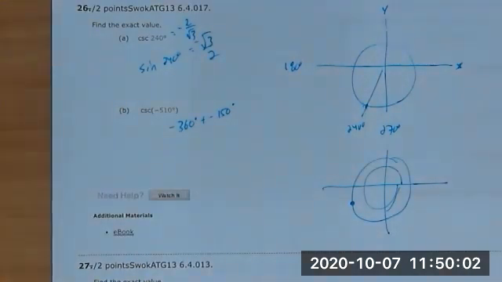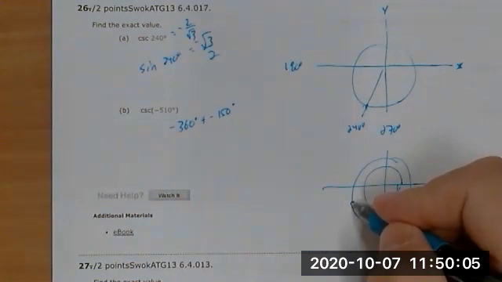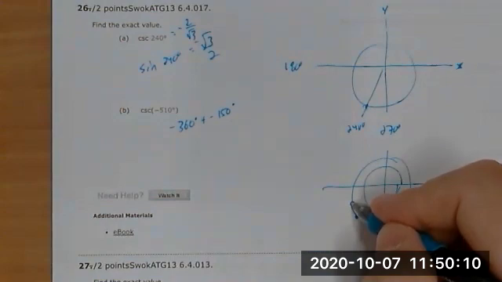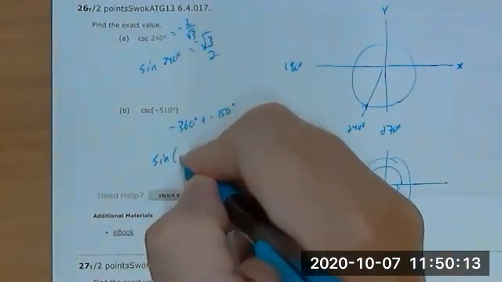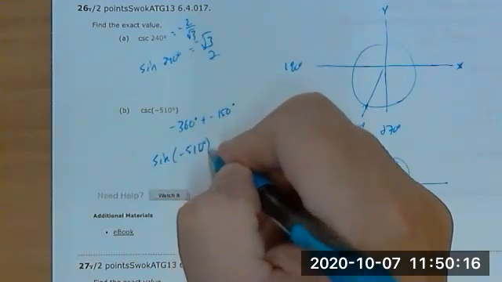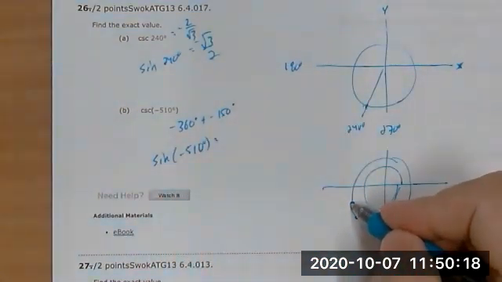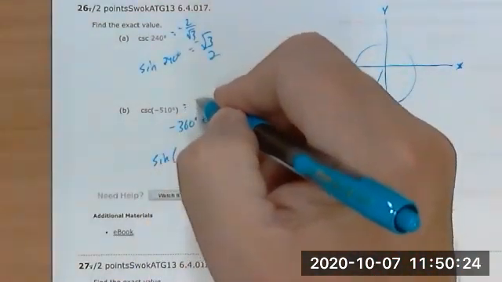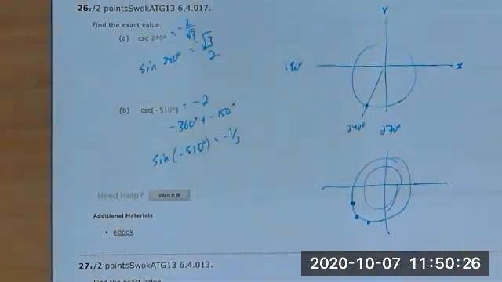I think that should be -510. So, you know, we got our 3 key points here. This one, what's the sine? This point here, the sine is -1/2. Therefore, the cosecant must be -2. And those are correct.